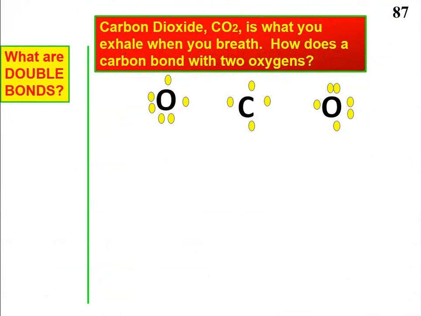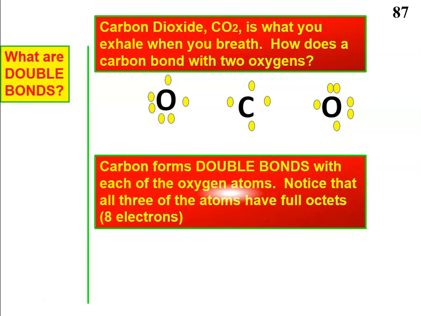And carbon dioxide. Again, we have a similar situation where you have 16 electrons, but they have to form 3 octets. Well, 3 times 8 is 24. How do you get 16 electrons to form 24? Well, again, by sharing, by creating double bonds. Carbon forms double bonds with each of the oxygen atoms.